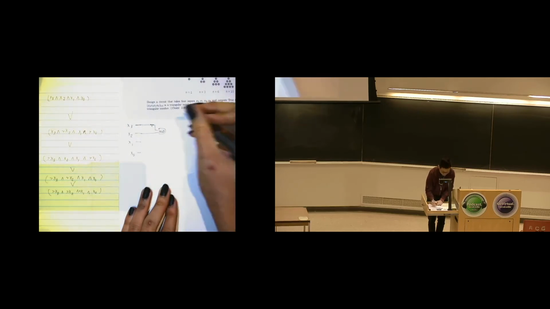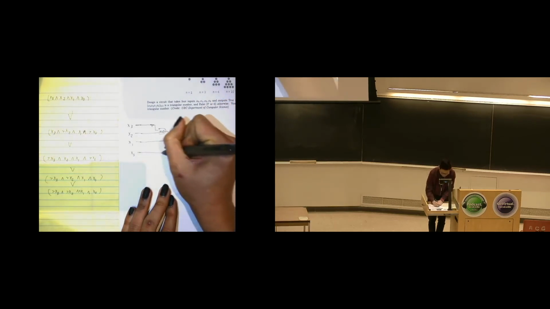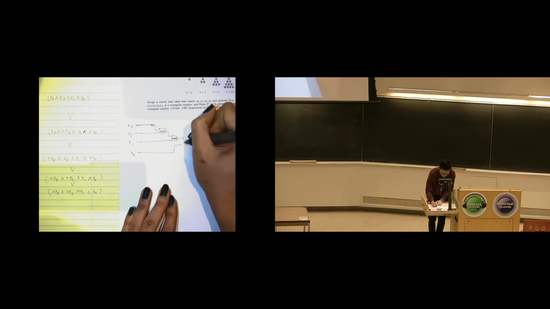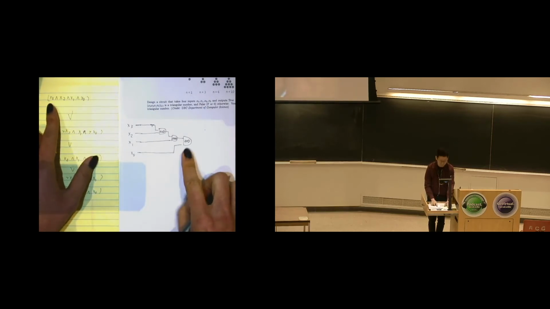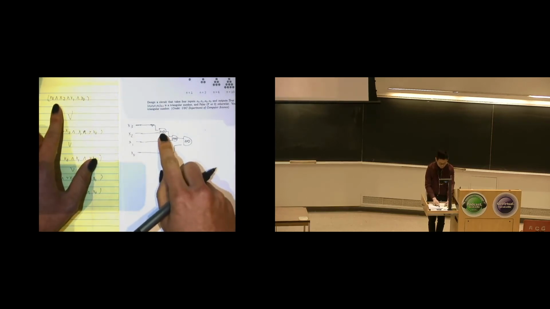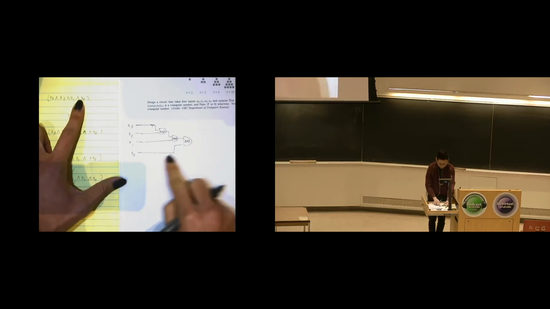Then AND with x1, and AND with x0. So now you've got this one: x3 AND with x2, whatever you get AND with x1, whatever you get AND with x0.